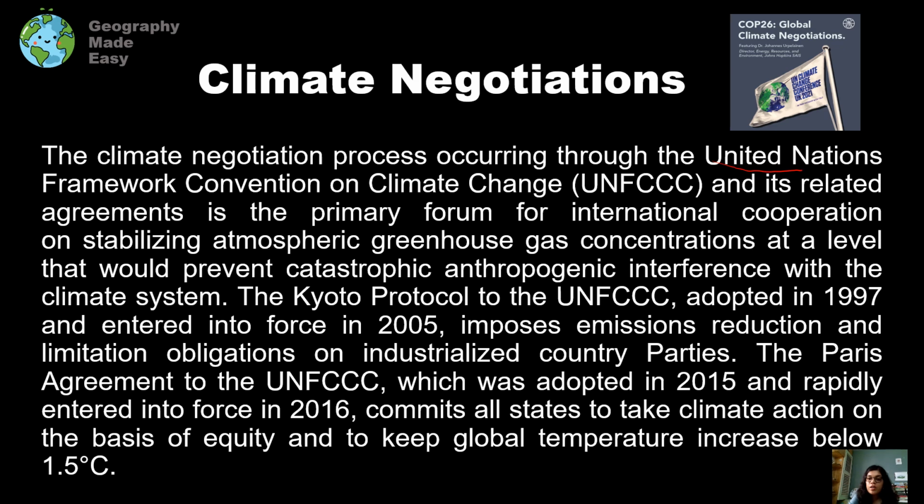This is called the UNFCCC, United Nations Convention on Climate Change. It started with Kyoto, and there has been a number of these climate negotiations, where of course India has also participated and negotiated.